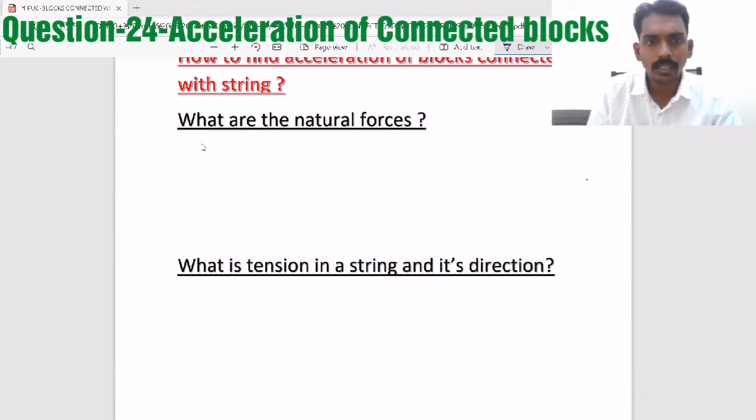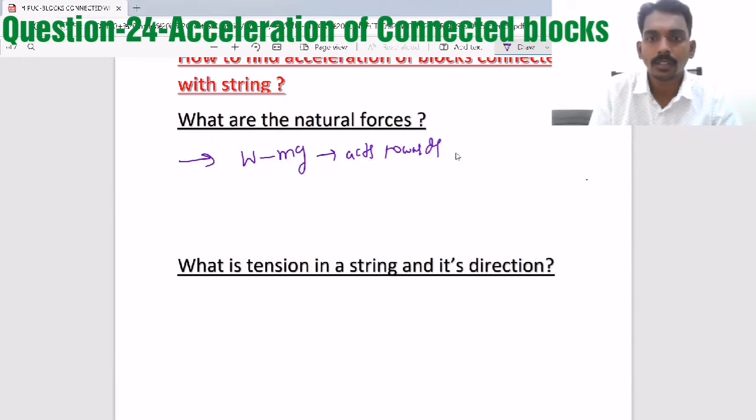Now here, the very first thing we need to understand is what are the natural forces. One is the weight of the body, mg, which always acts downwards, towards the center of the earth. And there is a normal reaction, perpendicular to surfaces in contact.